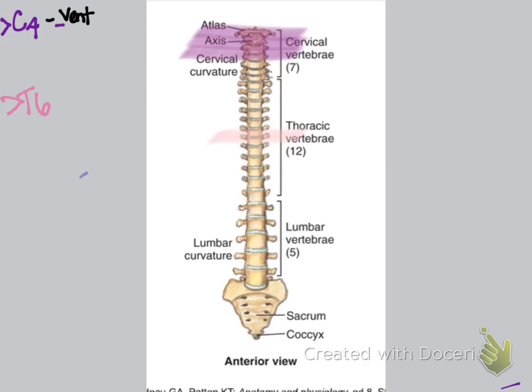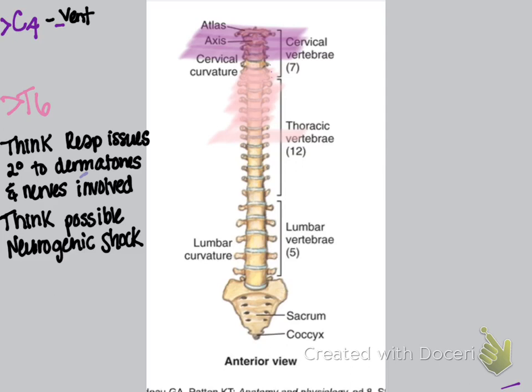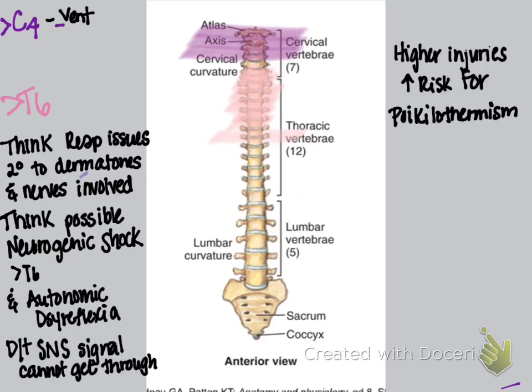So greater than T6, that affects the sympathetic nervous system, right? So you want to think about problems that could occur with a greater than T6 injury, and I highlighted it there. You want to think respiratory issues, secondary to the dermatomes and nerves involved. You want to think possible neurogenic shock. And you also want to think autonomic dysreflexia, right?